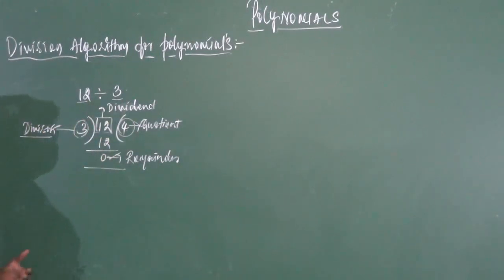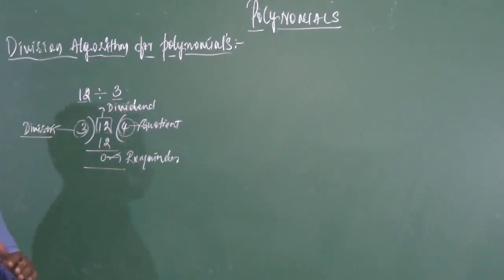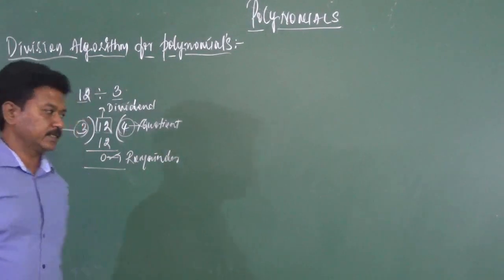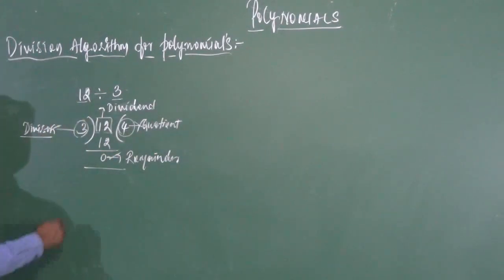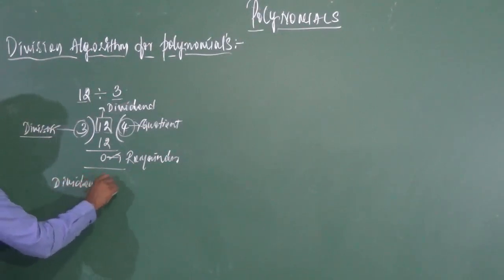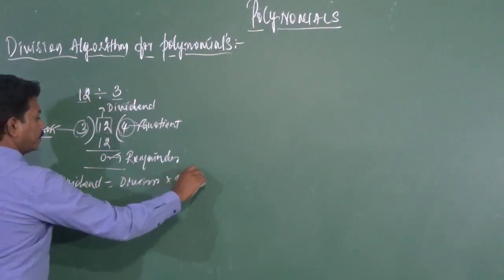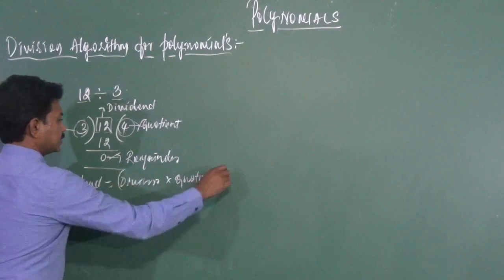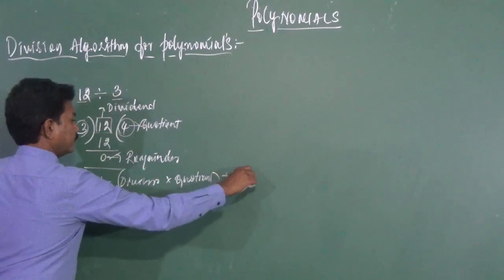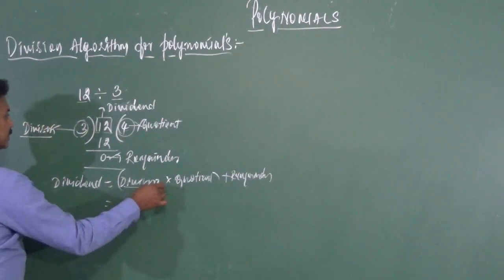So here we have four terms: the divisor, dividend, quotient and remainder. We set up a relation between these four things. So that comes like this. Dividend is equal to divisor into quotient plus remainder.